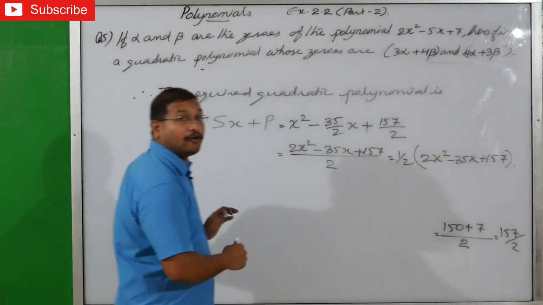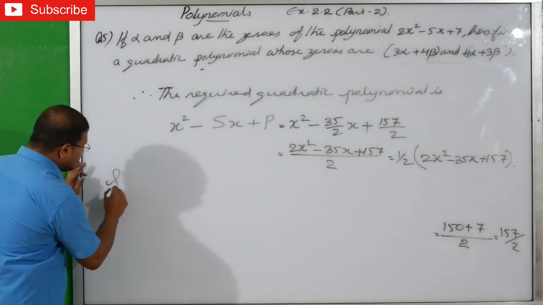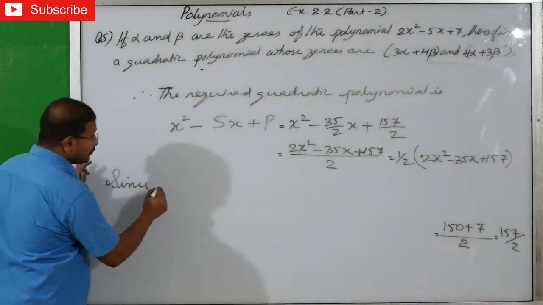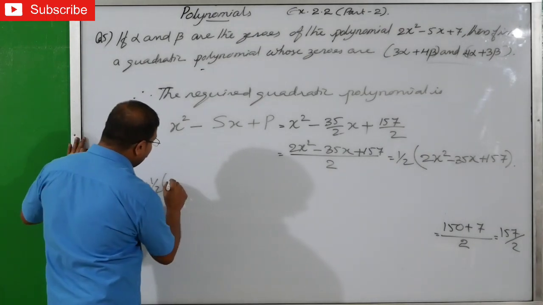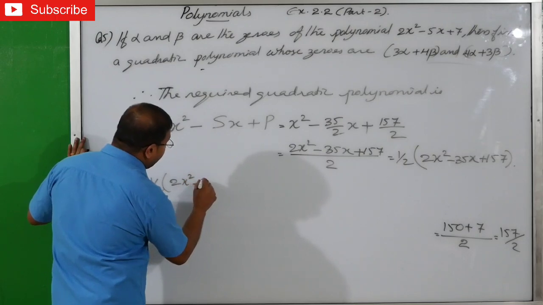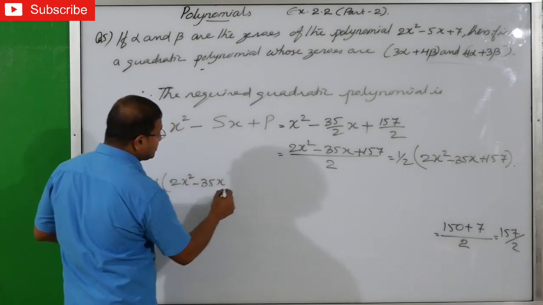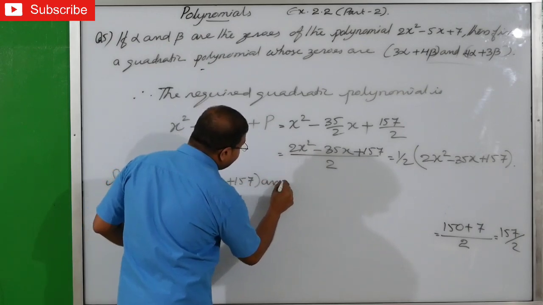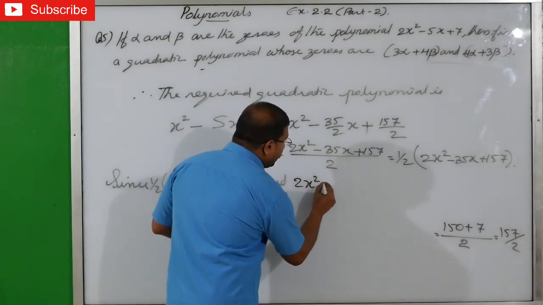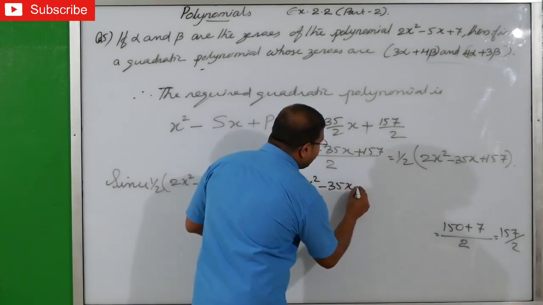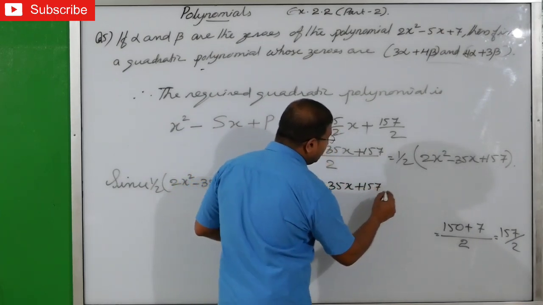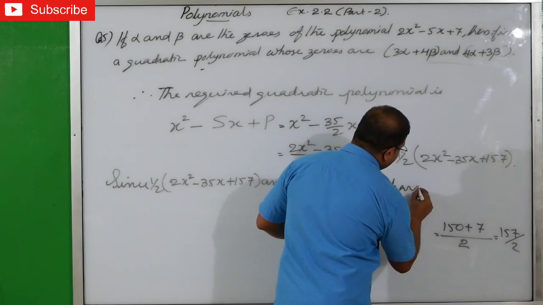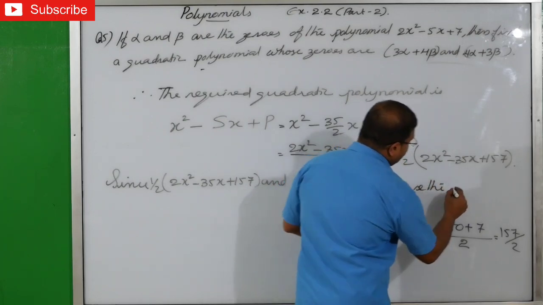Ready? Now what you will write? Since 1 by 2 into 2x square minus 35x plus 157 and 2x square minus 35x plus 157 have the same zeros.